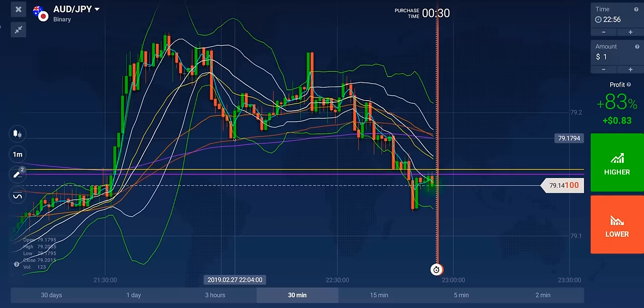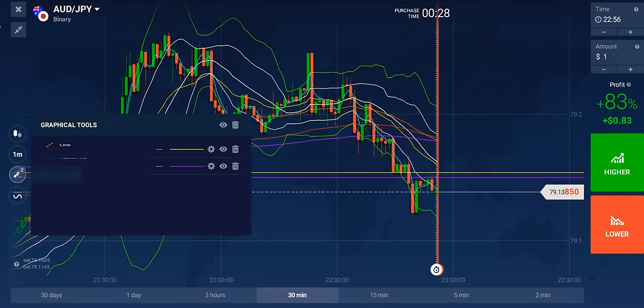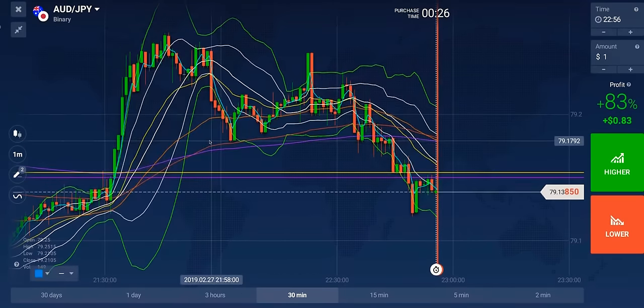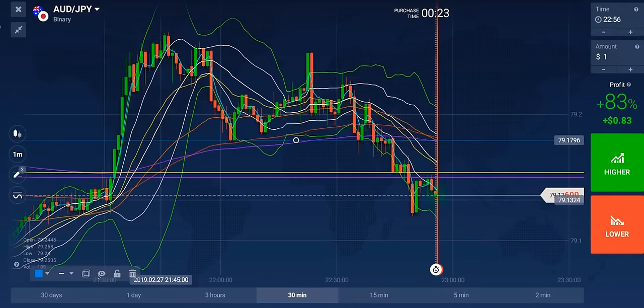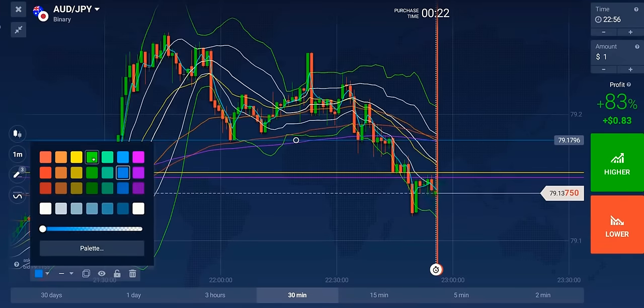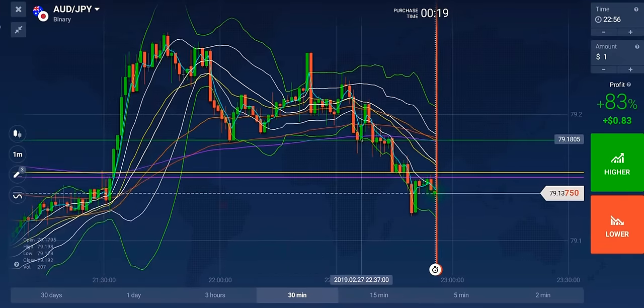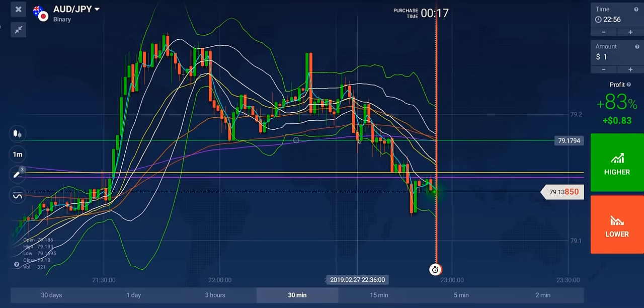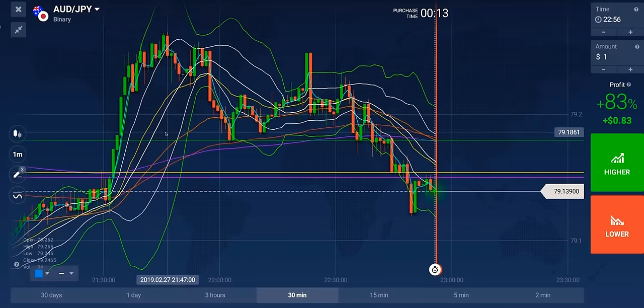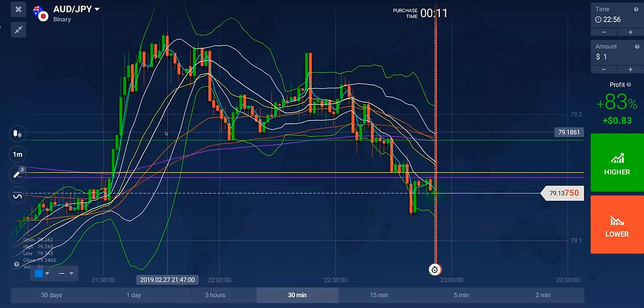Okay, we have a key level here, body reversal level, and you can see the level is respected, and this level here.